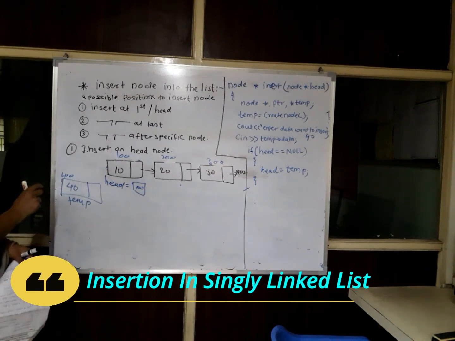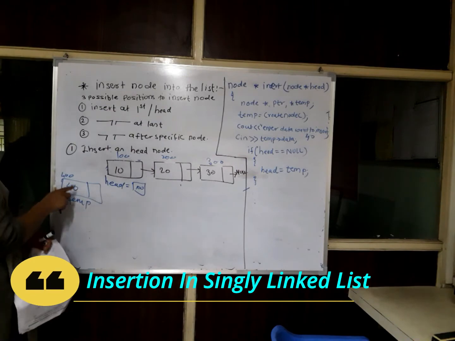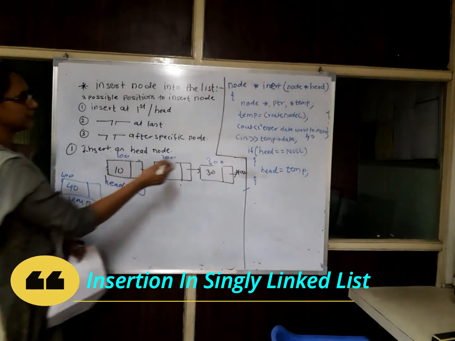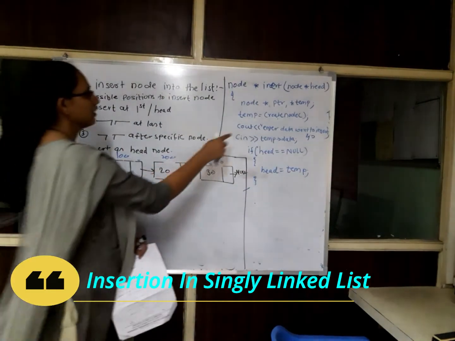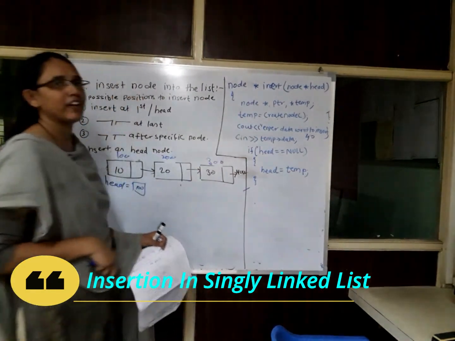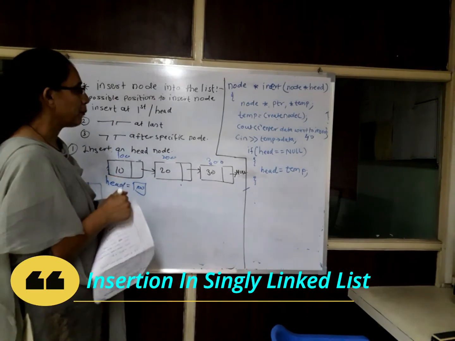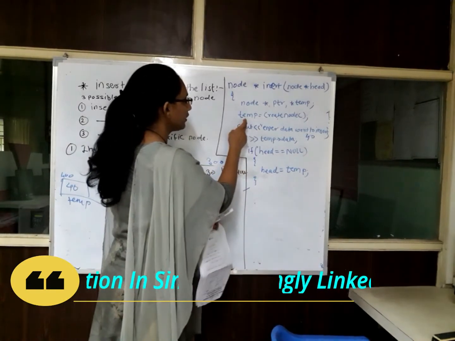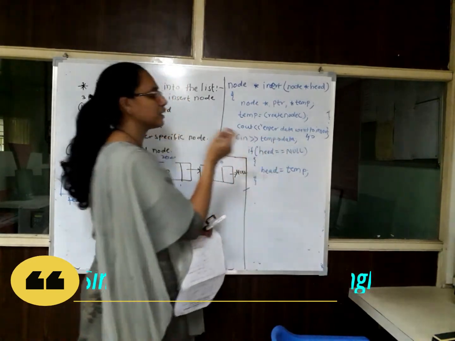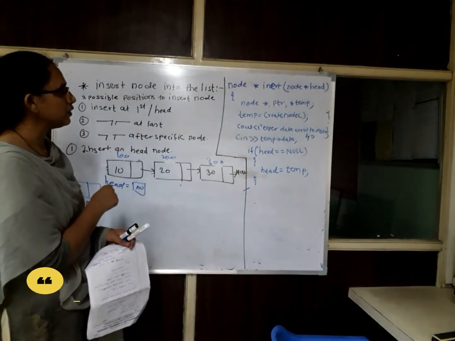How to do this? For that, first of all, create the node by using the create node function. This create node function will create the node and return the address in the temp pointer variable. Then in that temp pointer variable, you have to store the data that you want to insert into the list.